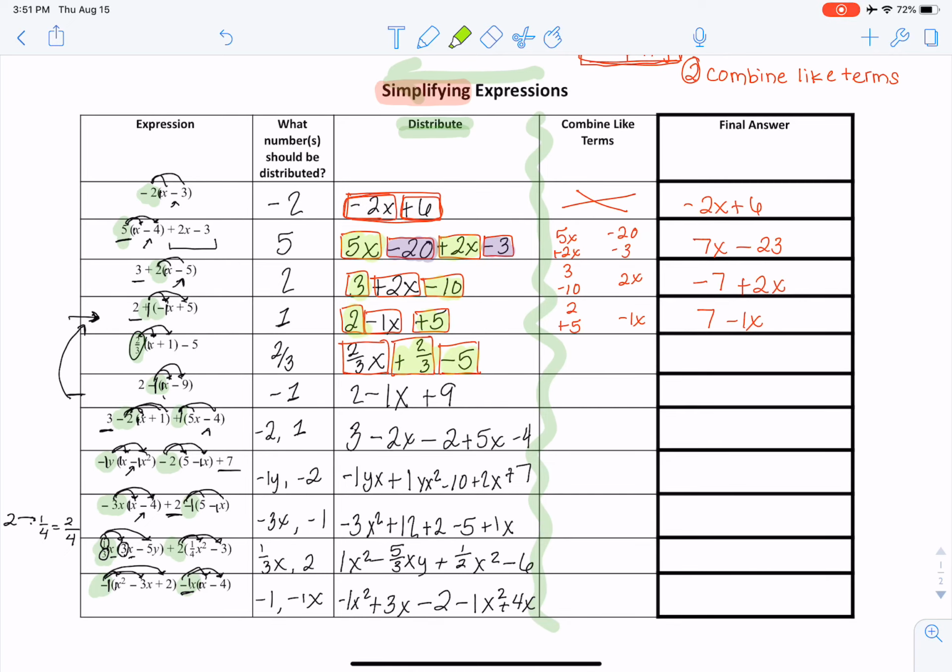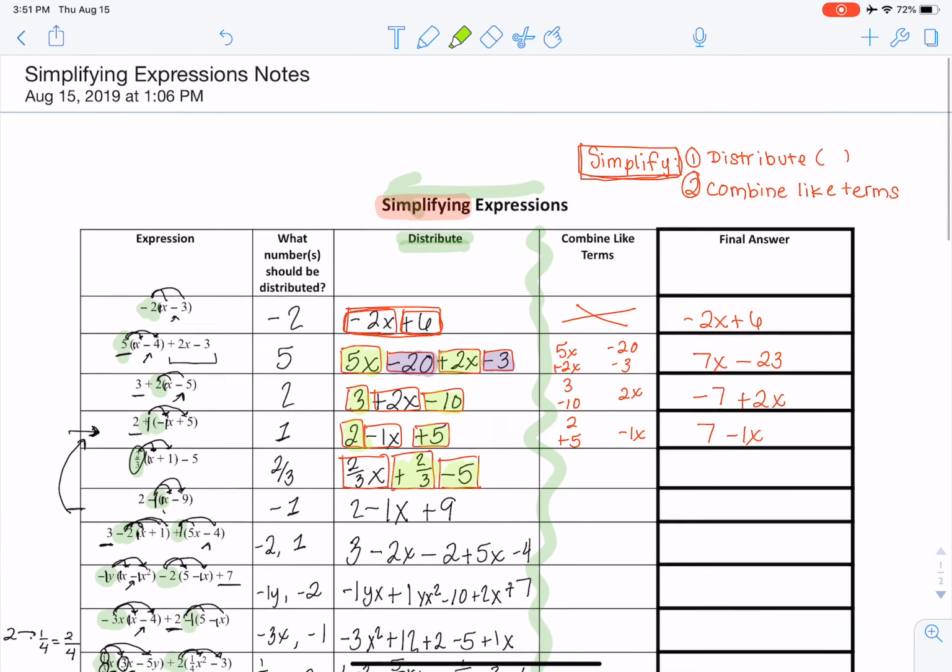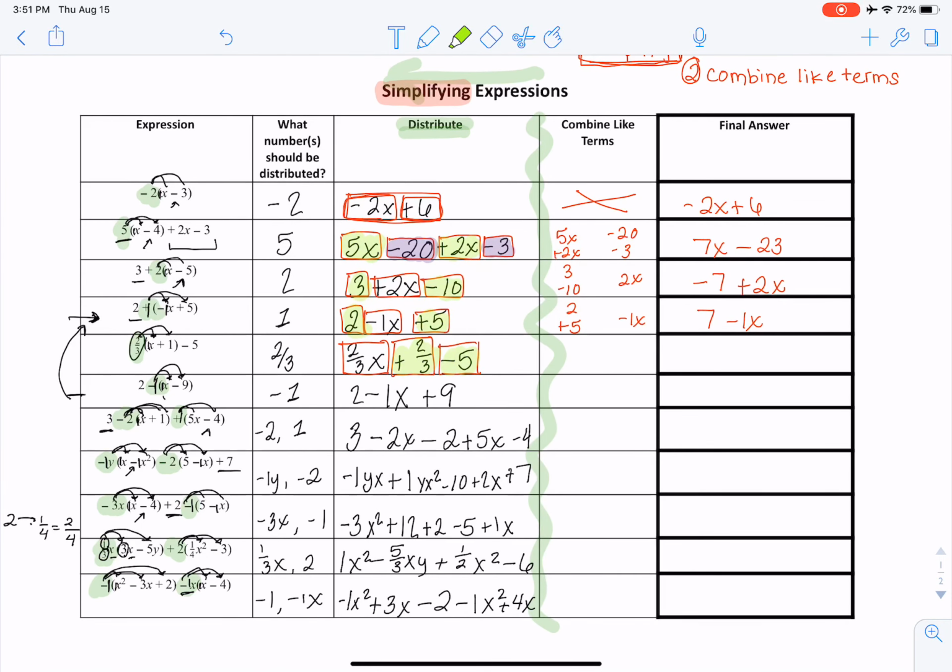When we talk about like terms, we're only looking at what's behind it. So I've heard some people say it has to have the same last name. The last name of this first 2/3 is x. The second 2/3 doesn't have an x, so it cannot go with it. So when we group them, we have a 2/3 x on its own, and then we have a 2/3 minus a 5. All right? So 2/3 x will stay.